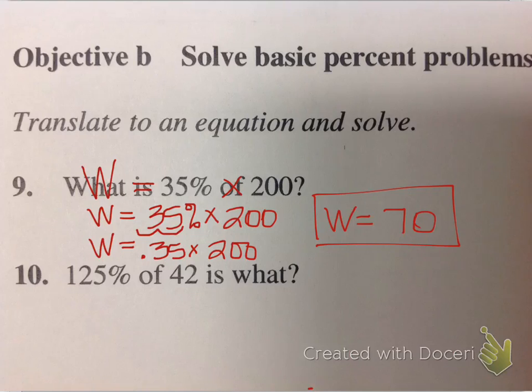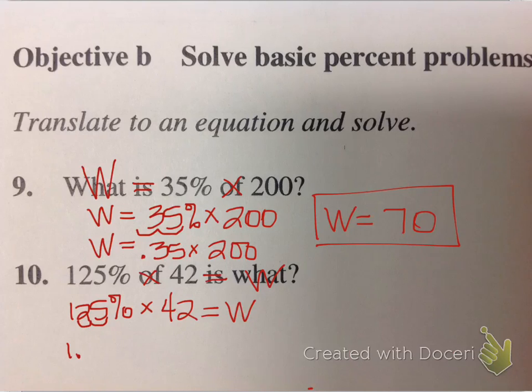Let's translate the next one. 125% of, so remember of means times, 42 is what? So 125% of 42 is what? Again, let's rewrite our percent as a decimal. So remember, you move it 2 places.